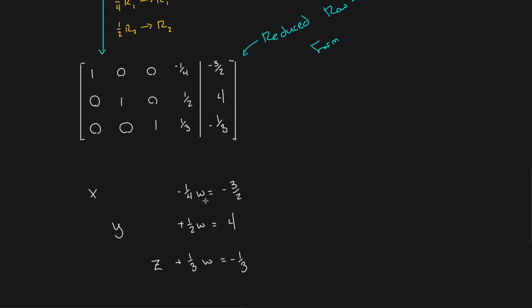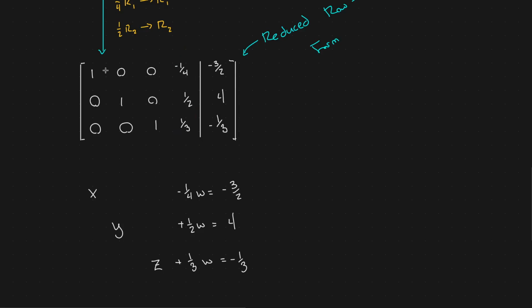But you could also see why we chose W to be the free variable. Because once I'm in reduced row echelon form, it's real easy for me to get X, Y, and Z by itself by just moving the W term over. I could express all 3 of these variables very easily in terms of the remaining variable W, okay? Generally, your free variable is going to be the variable that doesn't have a leading entry in that column.